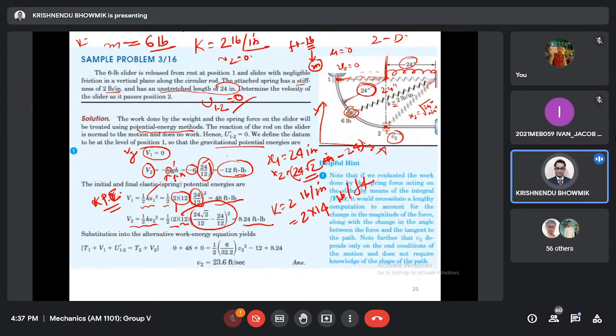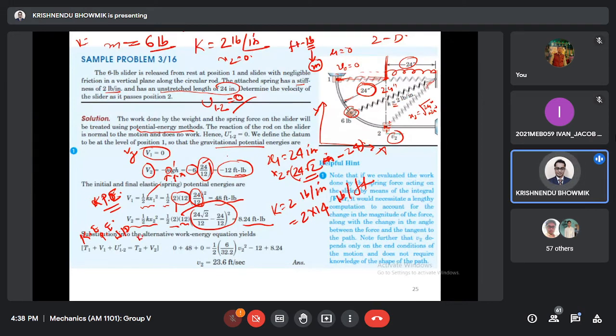Now you come here. This is T1, the kinetic energy at 1, V1 the potential energy at 1. This is the work done.